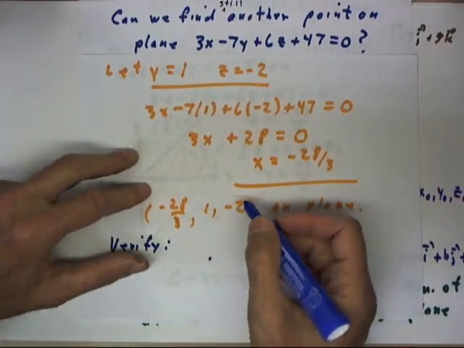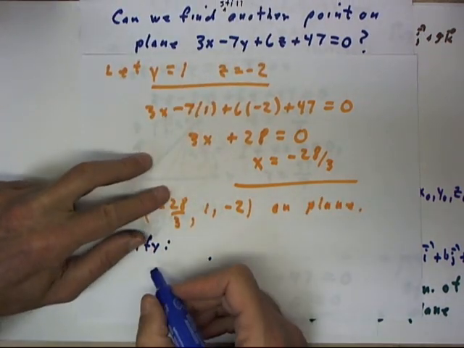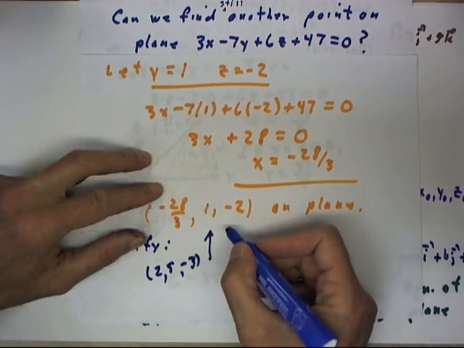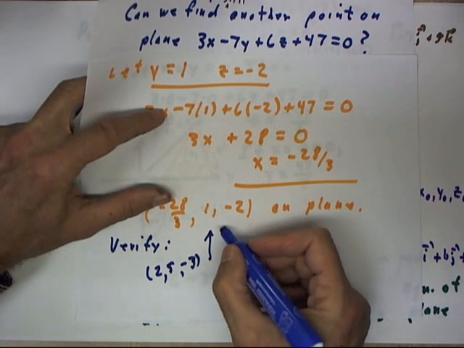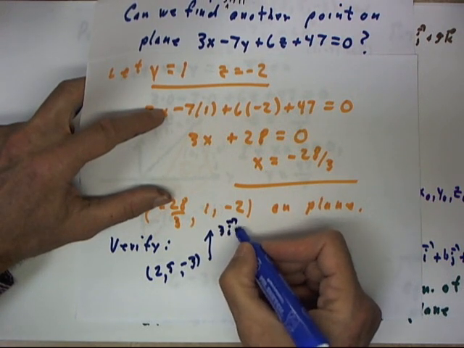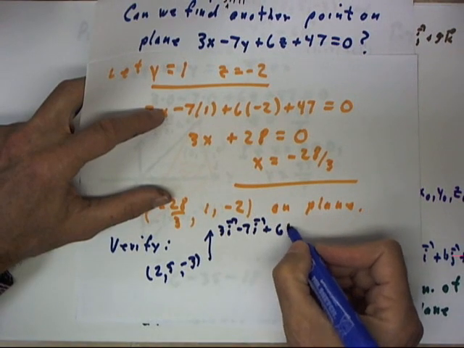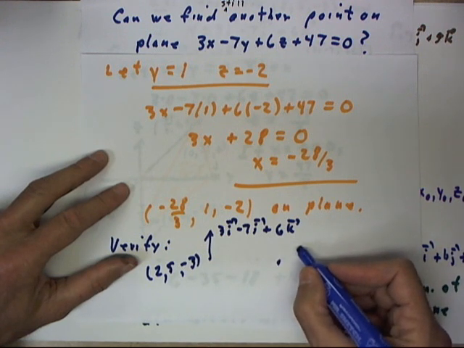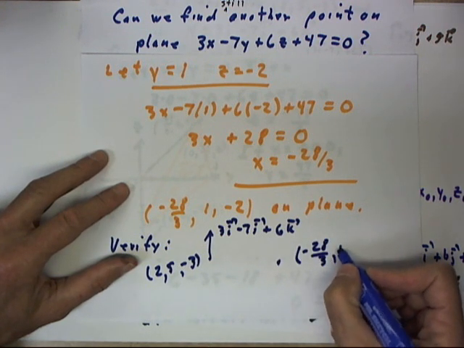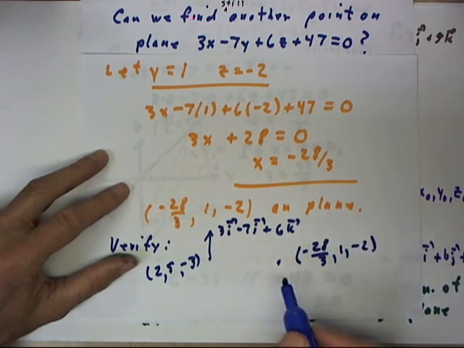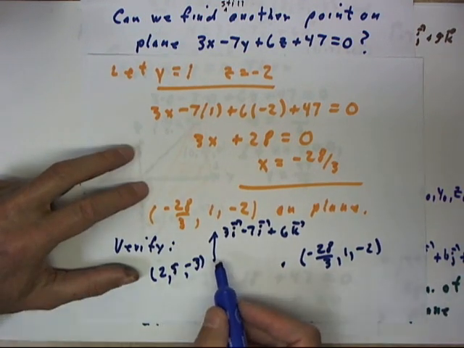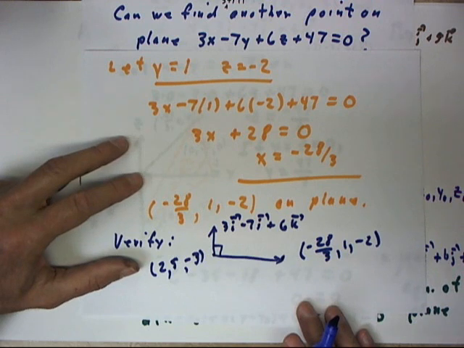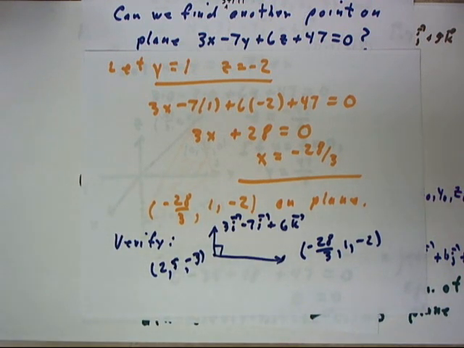So if we draw a point and label it 2, 5, -3, and a normal vector, and let's make sure we get this right, 3, -7, 6, that's 3i minus 7j plus 6k, and a point representing -28/3, 1, -2. Does the vector from this point to this point make a right angle with this normal vector, as it must if the point is to lie on the plane?